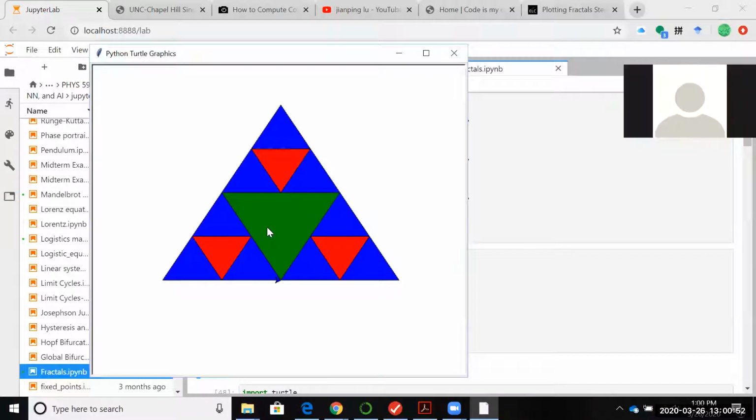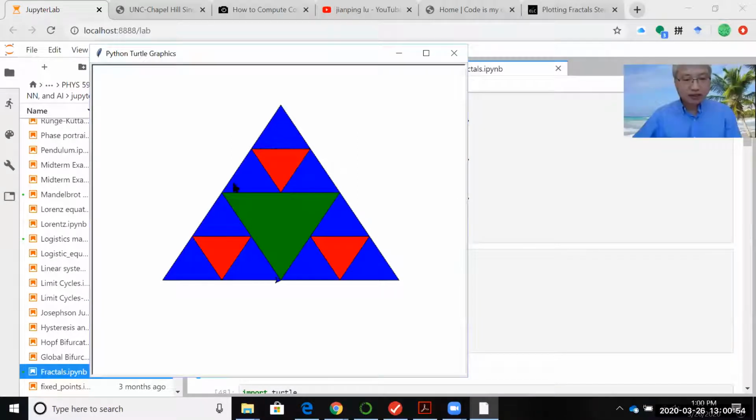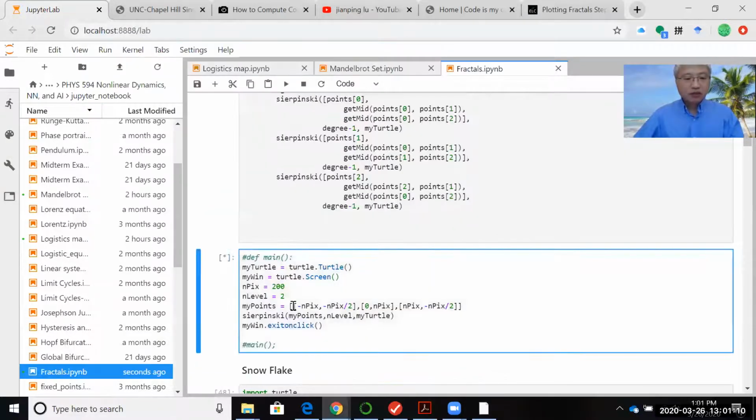Yes. And then I repeat the same thing. Now take a smaller triangle, do a factor 2 scaling, and I get 4 equilateral triangles. Again, eliminate the middle one, which is now a red one. Then I just repeat this process. So let me run this code. Instead of level 2, I get level 4, let's say.